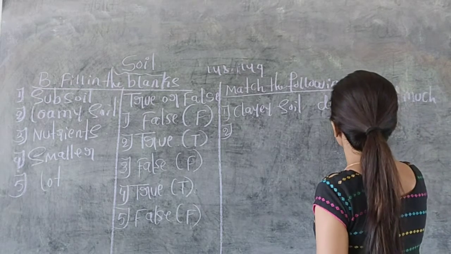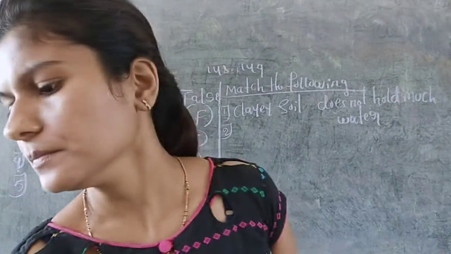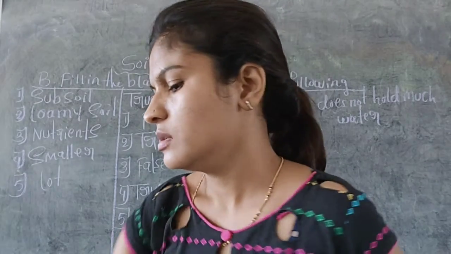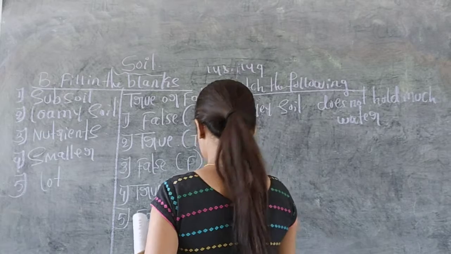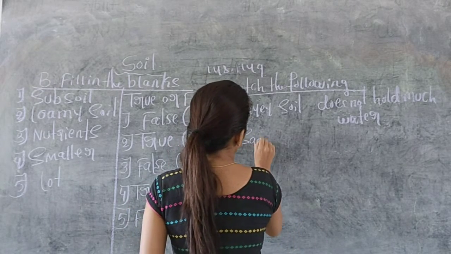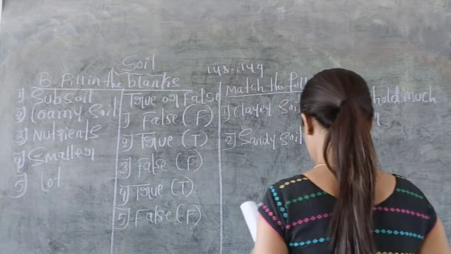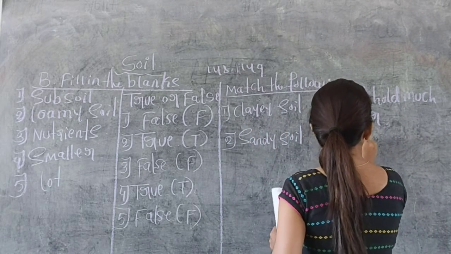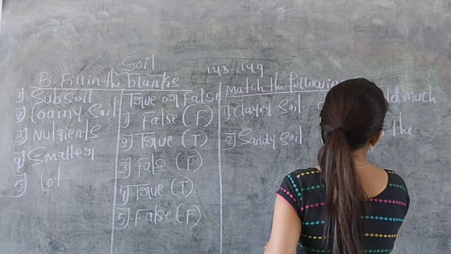Okay. Now the second one, that is sandy soil. Sandy soil, and the opposite side of this is lies below the top soil.